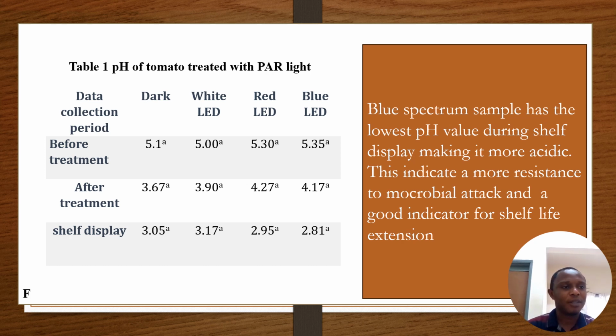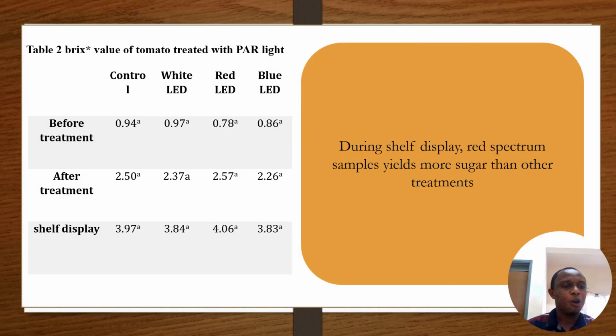From the data presented during shelf display, blue spectrum samples had the lowest pH value, indicating that the blue spectrum is capable of offering tomato high resistance to microbial infestation. For total soluble solids, which measure the sugar concentration in tomatoes, after treatment and at shelf display, the red spectrum samples accumulated more sugar than other spectra.